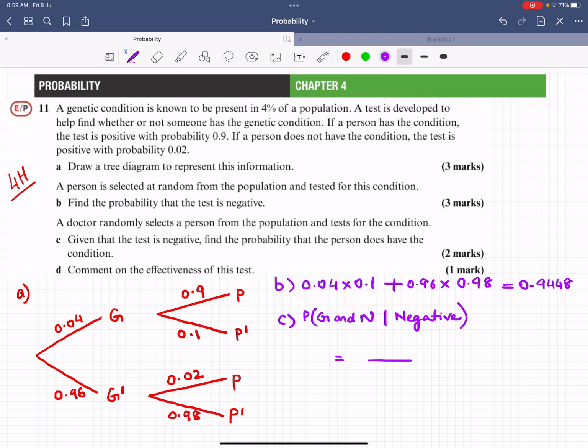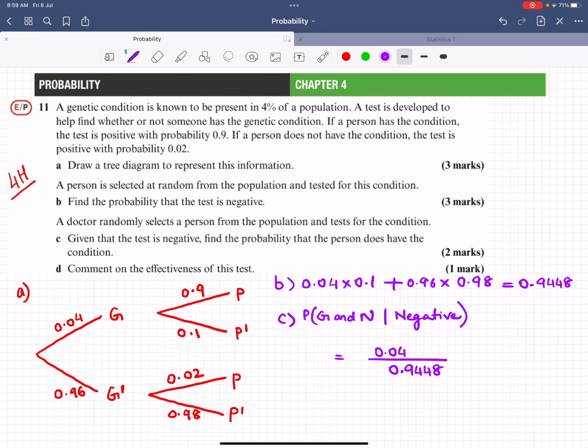So 0.9448, because this part of the conditional probability is our denominator, and the probability of the genetic condition being present and the test being negative is 0.04 into 0.1, and that's our numerator.